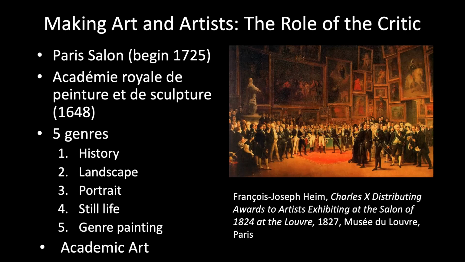And the idea with these is they tell important stories, but they also teach important lessons, philosophies, and beliefs about how the world should work, basically. So history painting is the top. I don't agree with this. I'm a big fan of genre painting, but this is what academy painting was.